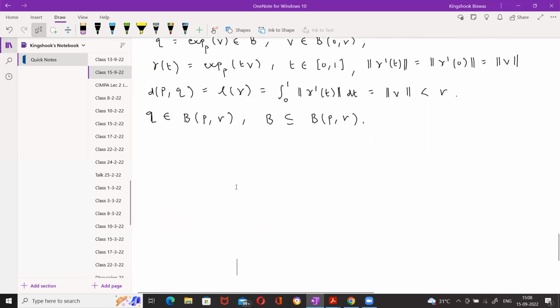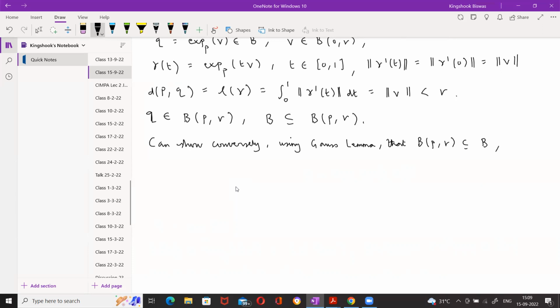Let me just say this here. We can show conversely, using the Gauss lemma, that B_P(R) is contained inside B, and hence B is equal to B_P(R).